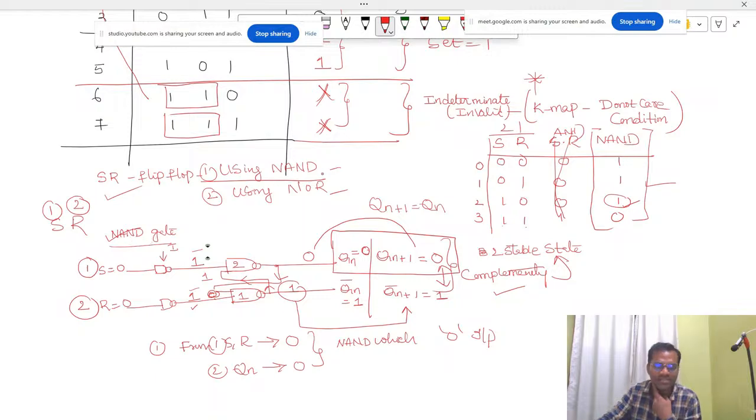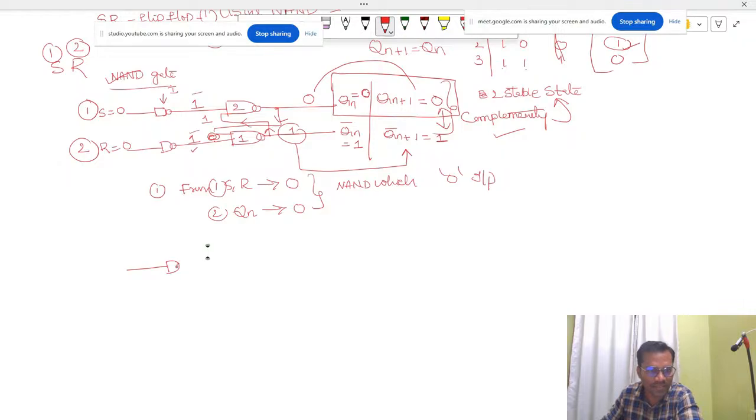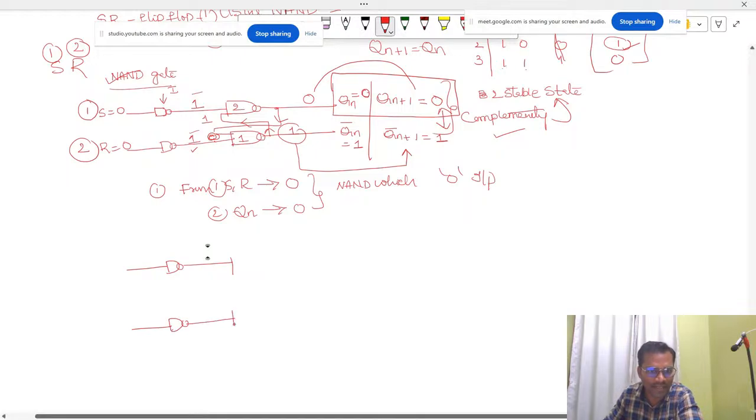Now let's try to do the same calculation again here. Let us take one more inverter gate, and here we are going to have one more inverter gate, and we are having the NAND gate. So this is how we have the NAND gate, and this is output, and this is one more output.